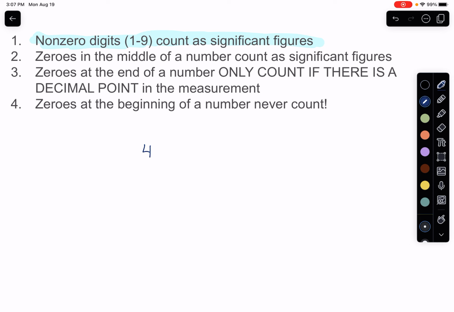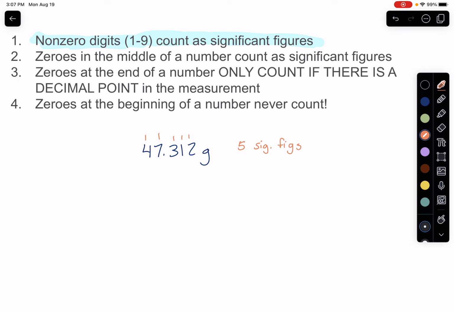So if I have this mass that I weighed, 47.312 grams, all 5 of the numbers in that measurement, the 4, the 7, the 3, the 1, and the 2, are non-zero digits, which means they all count as significant figures. So this one I would say has 5 significant figures. That's pretty straightforward. If it's not a 0, you count it.